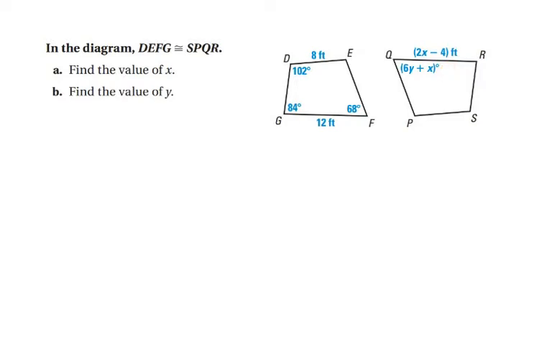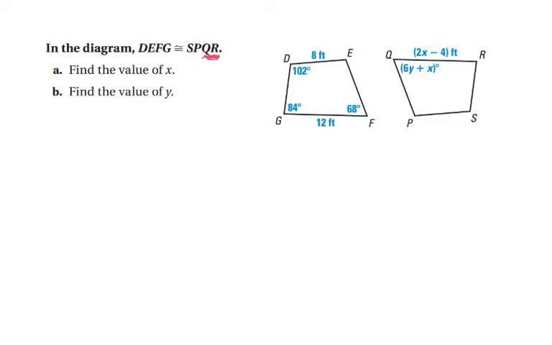So let's find this length first, this QR. The way we can do that is by taking a look in the congruence statement and finding QR, which is right here. So pause a second to think about what the corresponding segment is in the other quadrilateral.